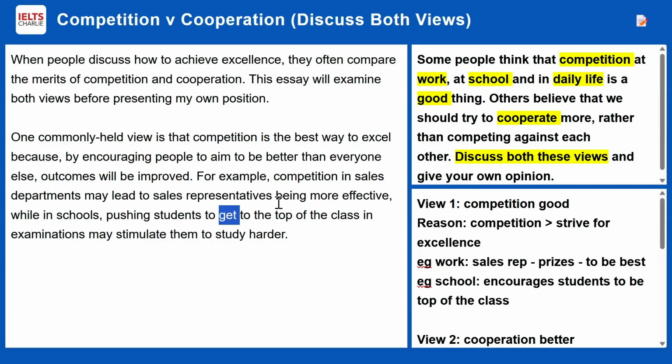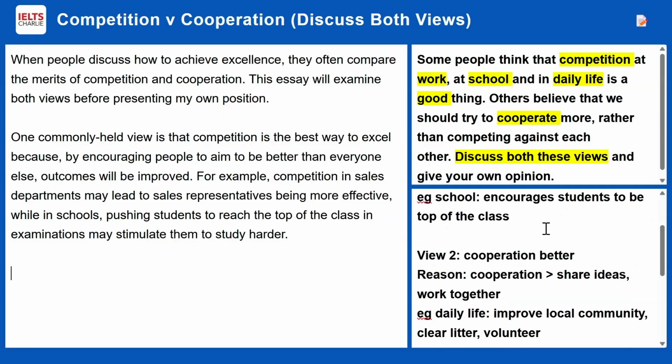Get is okay, but I might try to use a more precise word because we are writing an academic essay. So let's use a single word here, to reach the top of the class. That's probably a more precise word than get to.